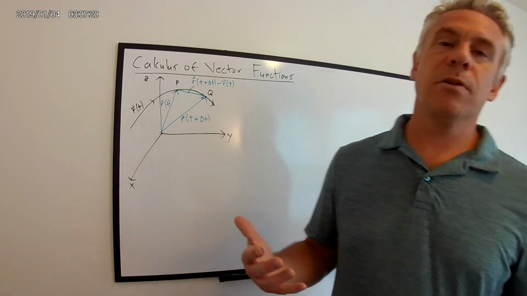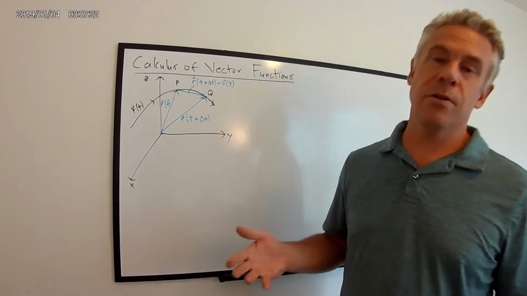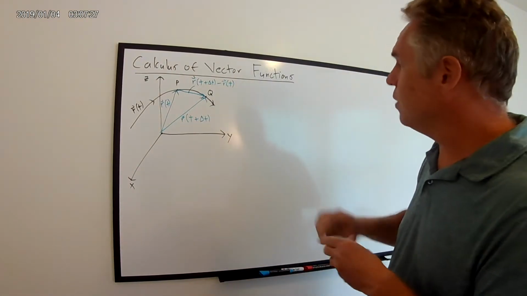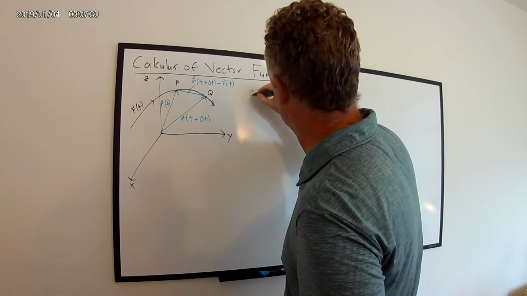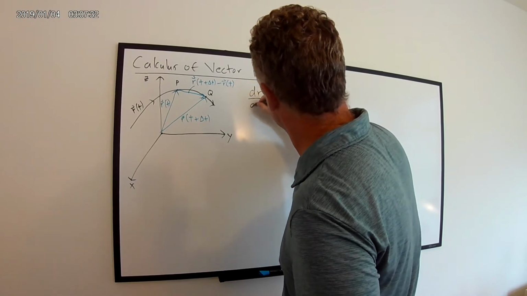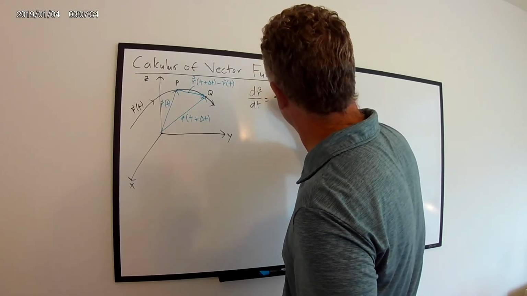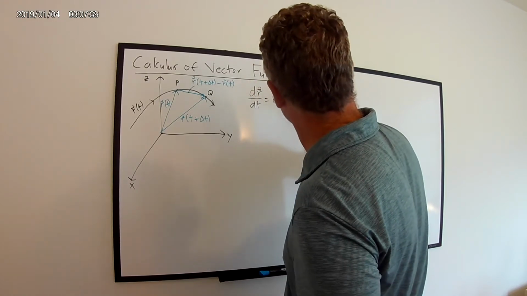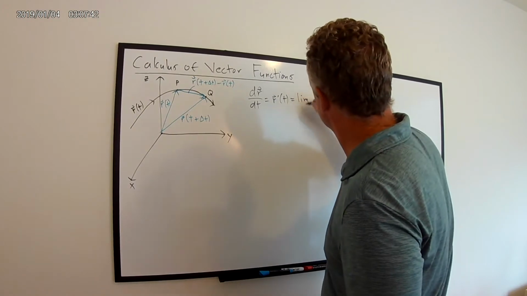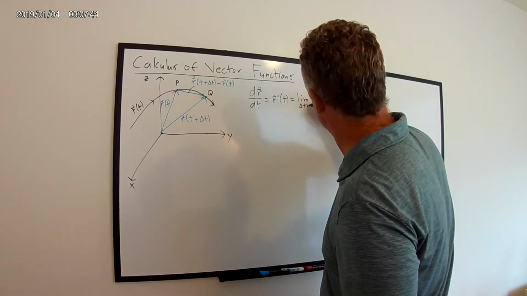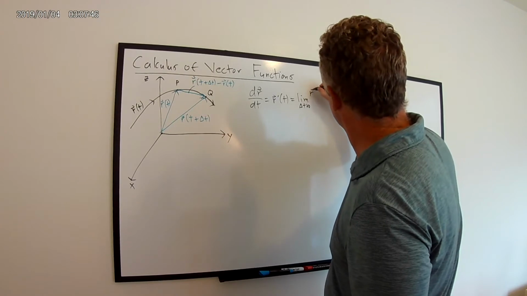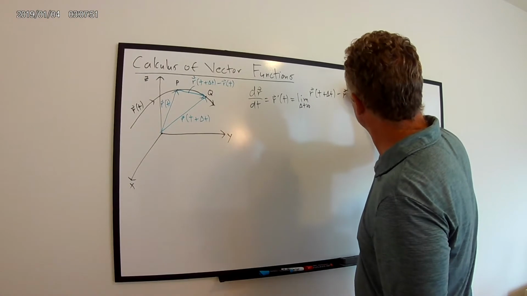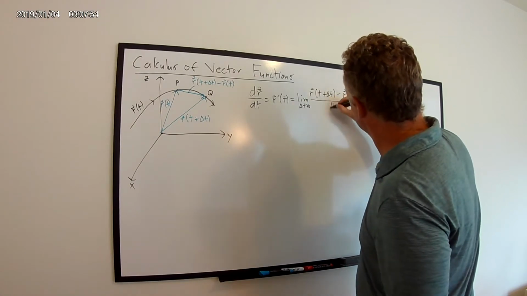So let's talk about how you take derivatives. Let's start with the derivative. How do you take a derivative of a vector function? Well, the derivative of a vector function, dr/dt, equals r prime of t, is equal to the limit as delta t approaches 0 of r of t plus delta t minus r of t, over delta t.